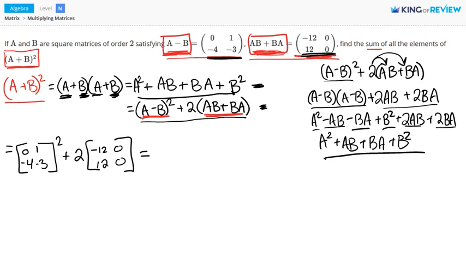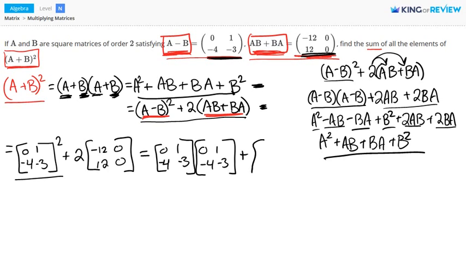So this matrix squared is just the matrix times itself. And then we're adding 2 times this matrix. So we're going to multiply each entry within this matrix by 2. This gives us negative 24, 0, positive 24, and 0.